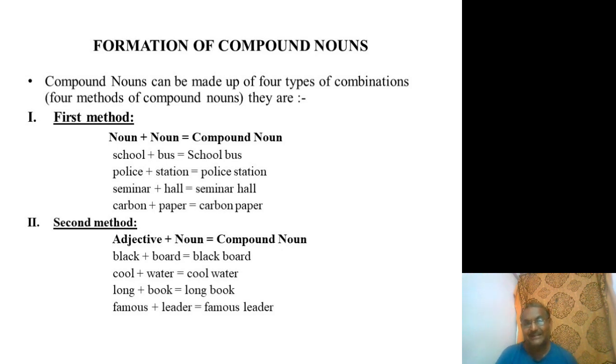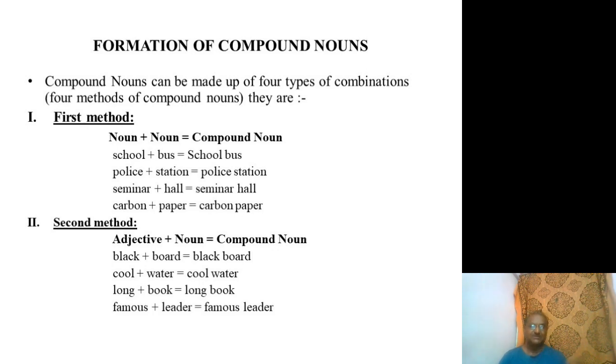What type of noun is it? Proper noun, common noun, collective noun, or compound noun? Then people say it's a collective noun, a proper noun, an abstract noun. But those people who have a logical understanding of compound nouns could definitely give the right answer in the examination. So the second method here: adjective plus noun is called compound noun.